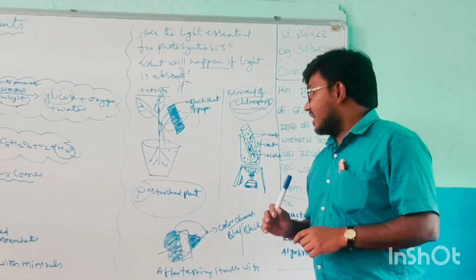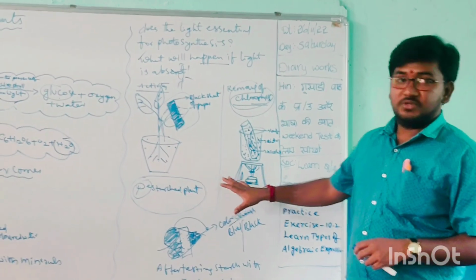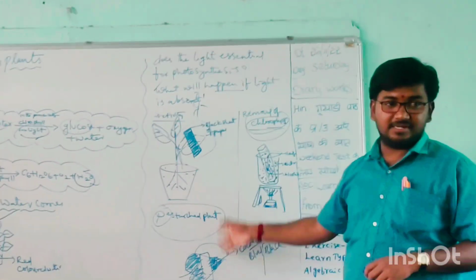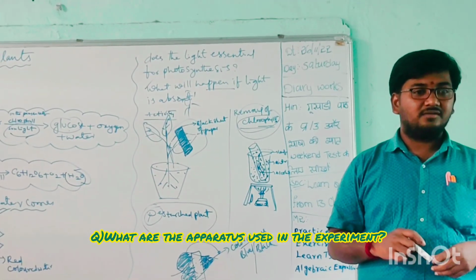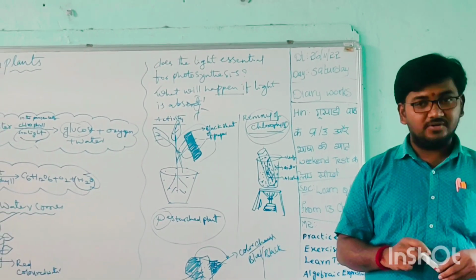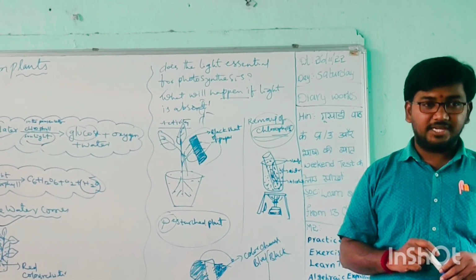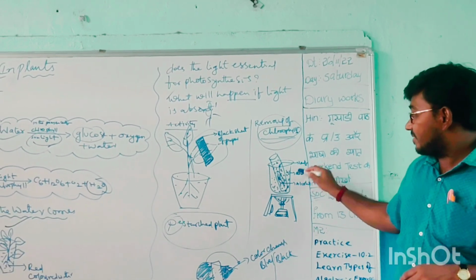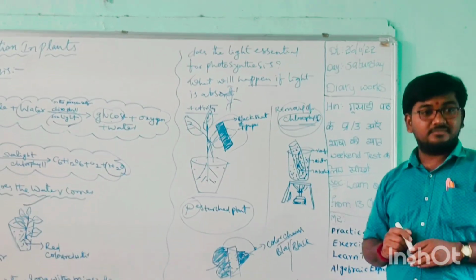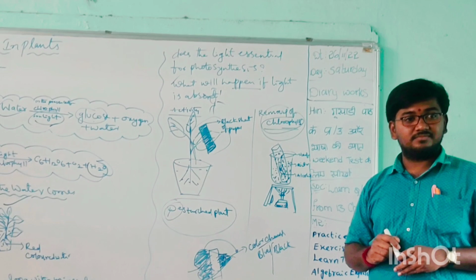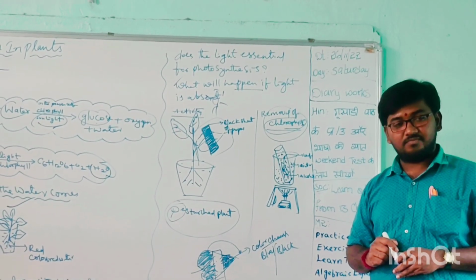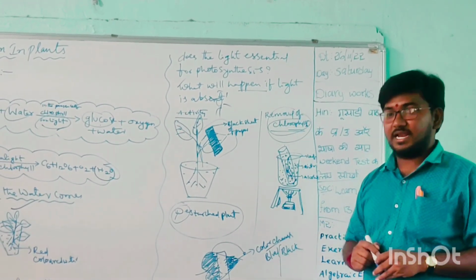What apparatus did you use in this experiment? Healthy potted plant. Very good. Black paper. Very good. Here in this experiment, beaker, burner, test tube, iodine solution, leaf. Very good. Clap for him.